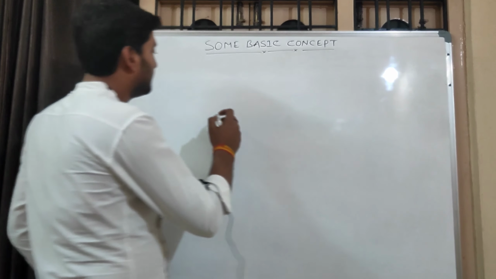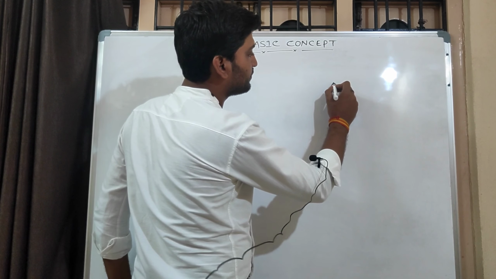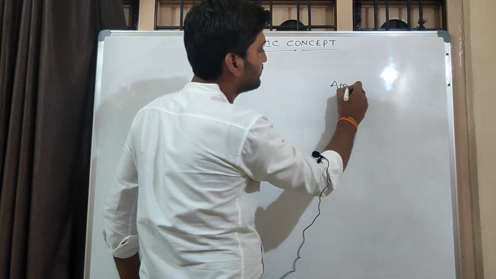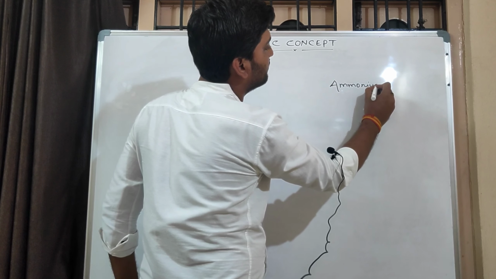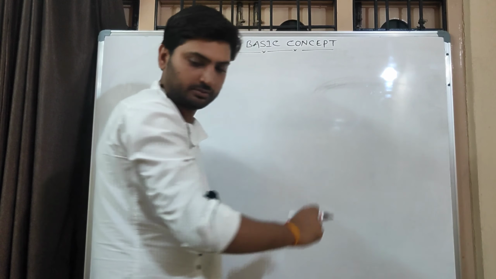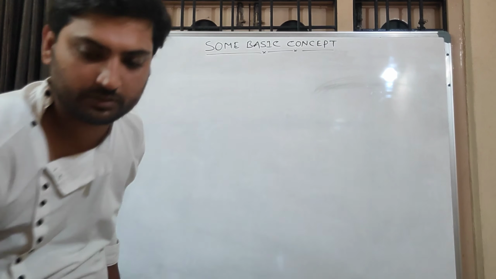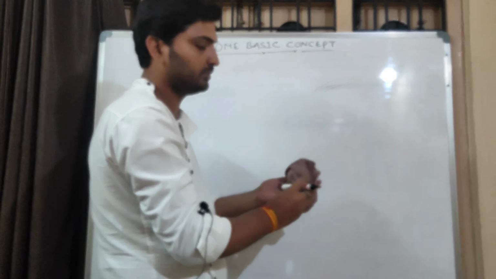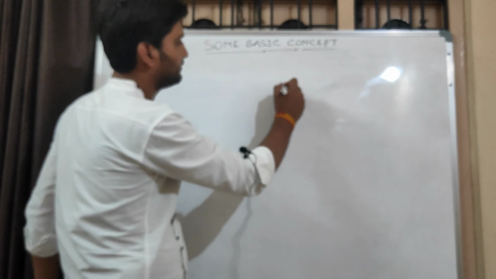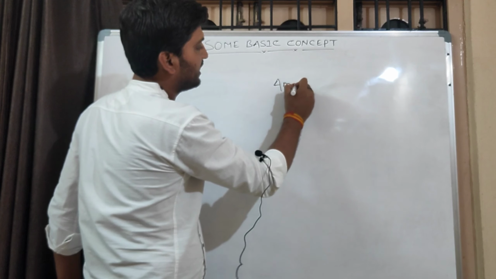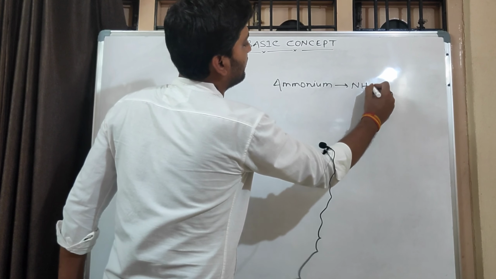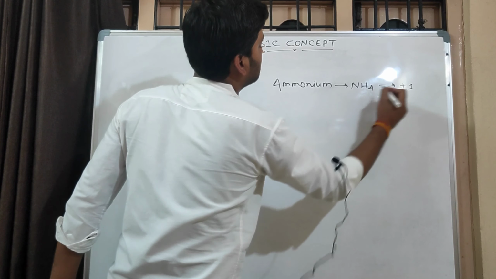First one is ammonium, NH4, valency is +1.